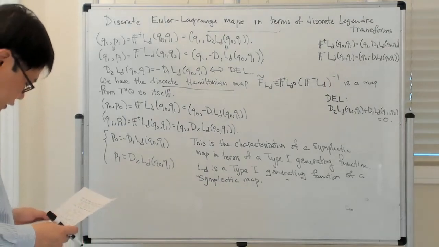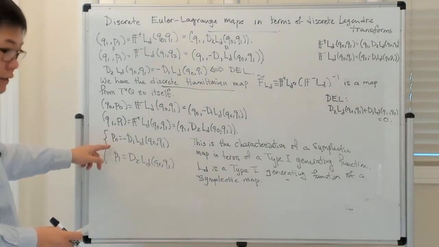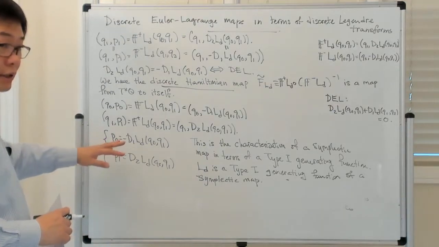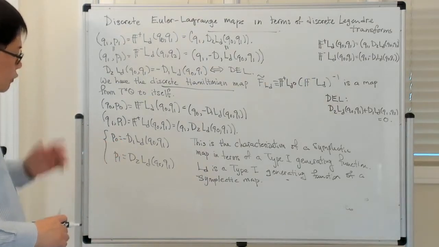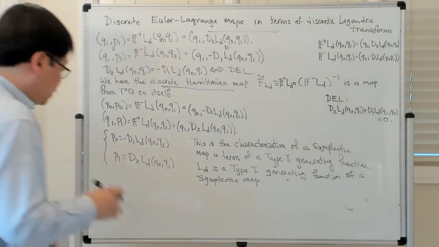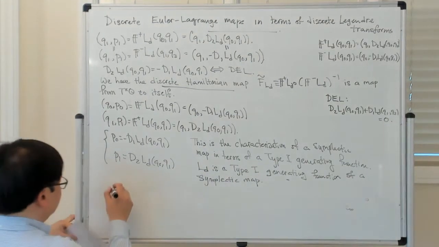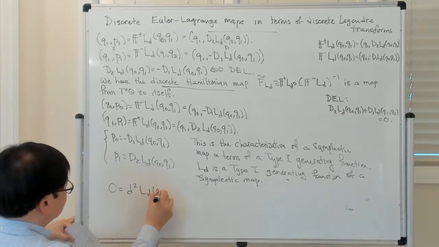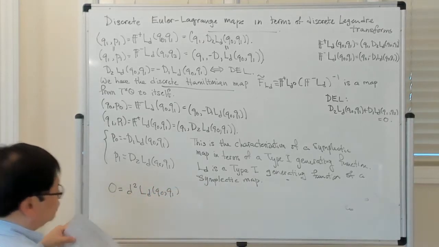Okay, all right. So that's if you know something about symplectic maps in terms of generating functions. If you don't, you can also very directly show that this map is symplectic. The way you do this is that you take the second exterior derivative of the discrete Lagrangian. And of course, you know that every time you take the second exterior derivative of anything, it vanishes. So let's see what happens. This is saying that 0 is the second exterior derivative of the discrete Lagrangian, evaluated at (q0, q1).